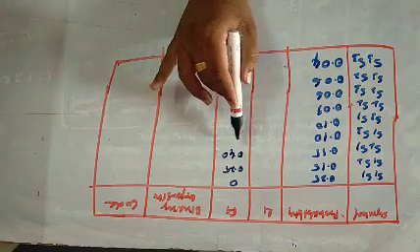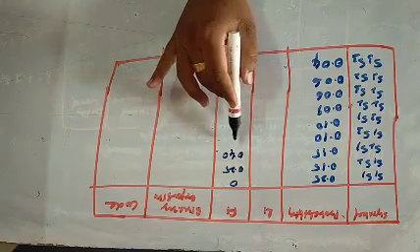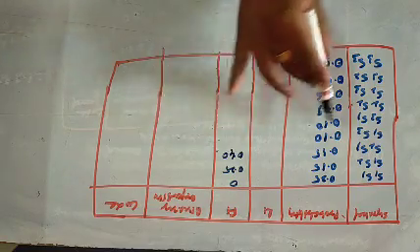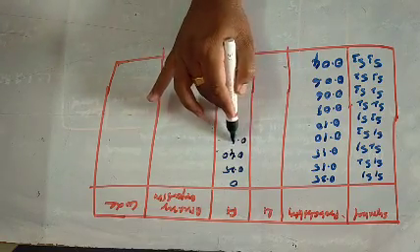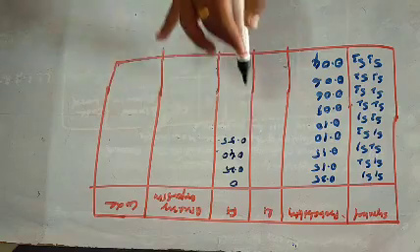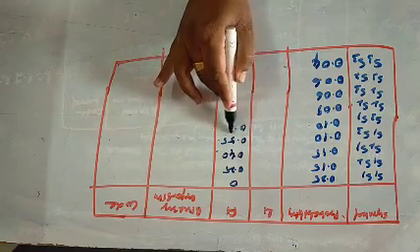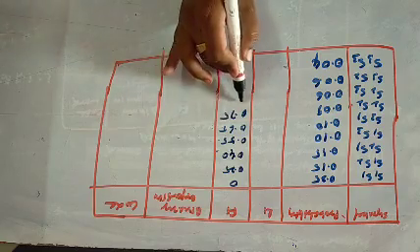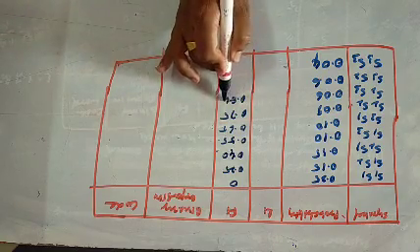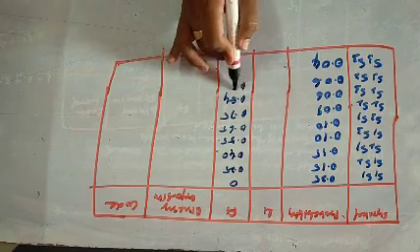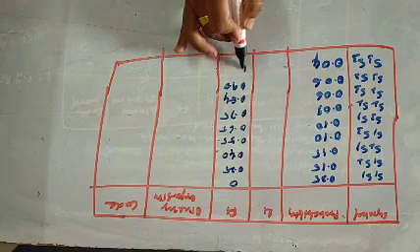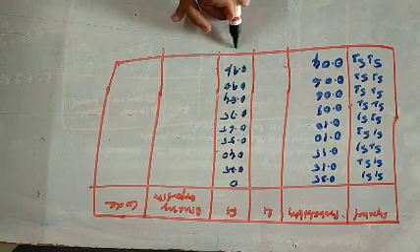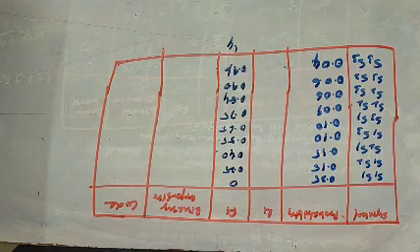F4 is F3 plus P3, that is 0.55. In the same way, we will get 0.65, 0.75, 0.84, 0.90, 0.96, and finally it is 1.